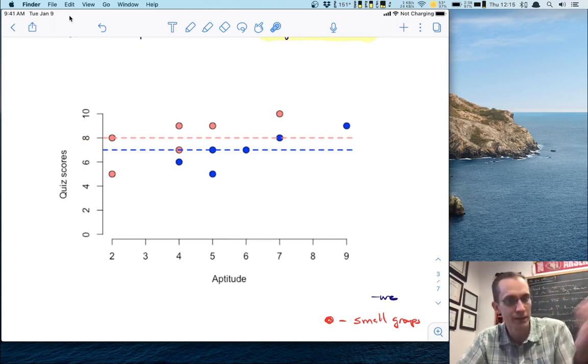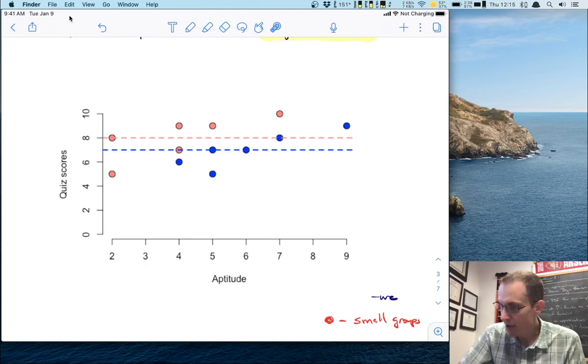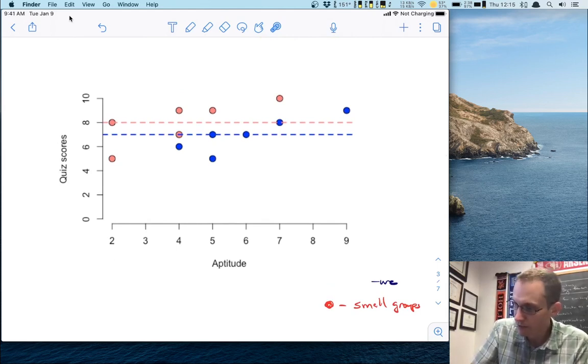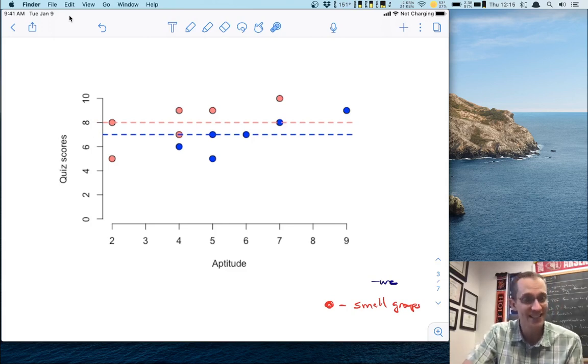That's no surprise. We saw that earlier. The mean of the blue group, oops, I made it go away all of a sudden. You'll see it again in just a second. The mean of the lecture group is 7. So 8 versus 7, and we just showed that is not a statistically significant difference. You can see why in this picture. I mean, these things are just all over the place. Most of the differences we're seeing seem to just be noise.